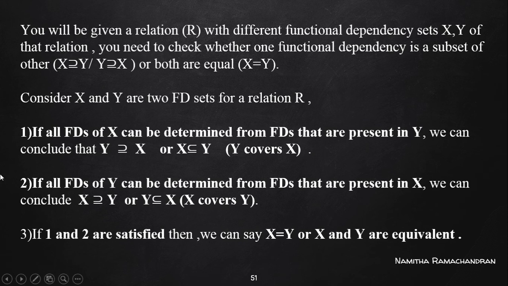Consider X and Y, two different functional dependency sets of the given relation R. In the first step, if all the functional dependencies of X can be determined from the functional dependencies present in Y, then we can conclude that Y is a superset of X. Y is a superset of X, or else we can say X is a subset of Y. These two are the same.